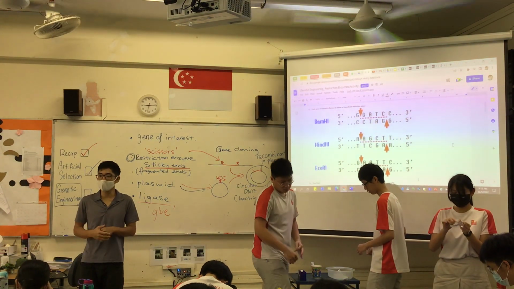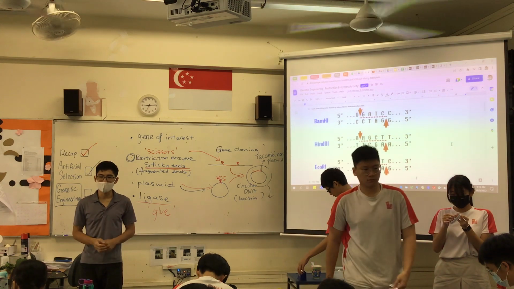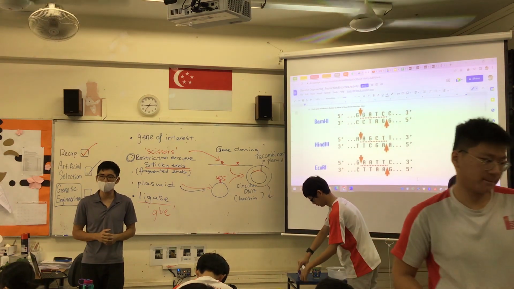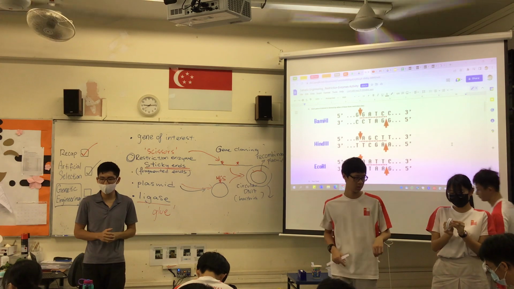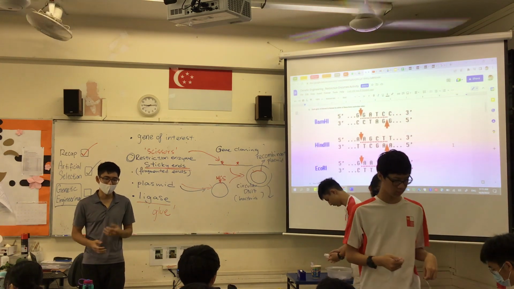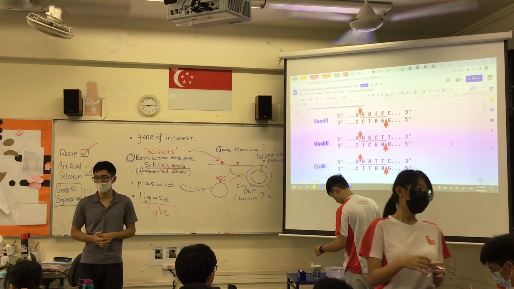Okay, before you make your cut, you raise your hand. Once you think you've decided where you want to cut, you raise your hand, I'll come to you for a double check. I can roughly tell if you understand what you're supposed to do.